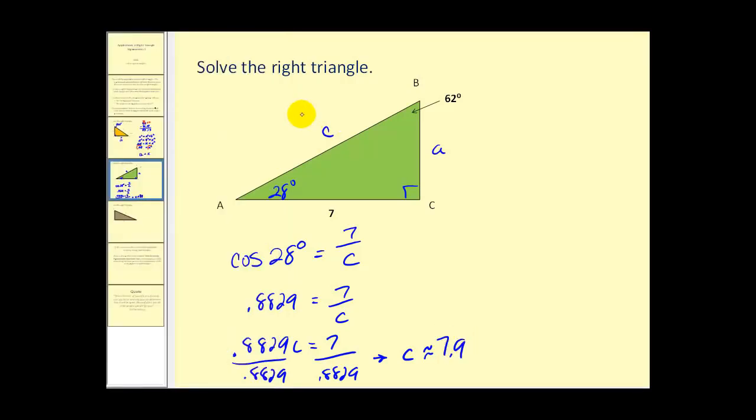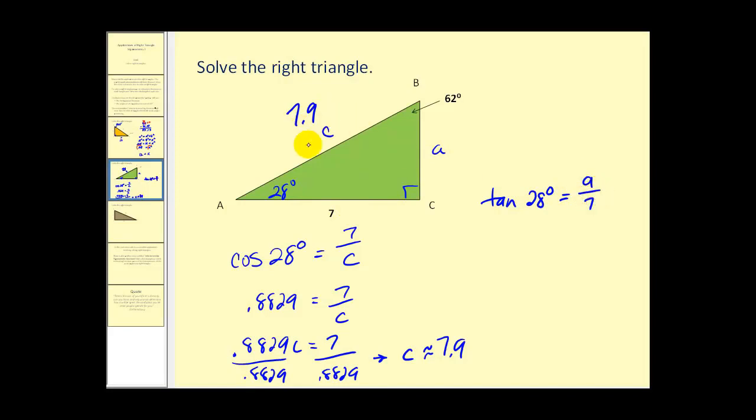Now we still need to find the length of side A, and to do this I'm going to use this angle again, but I'm going to use tangent this time. I'll say the tangent of 28 degrees equals the opposite over the adjacent side. So we would have tangent 28 degrees equals A over 7. Now one reason I didn't want to use c is because I knew this was a rounded value.